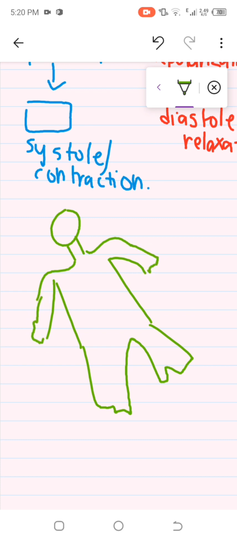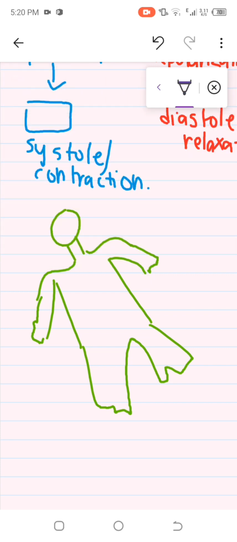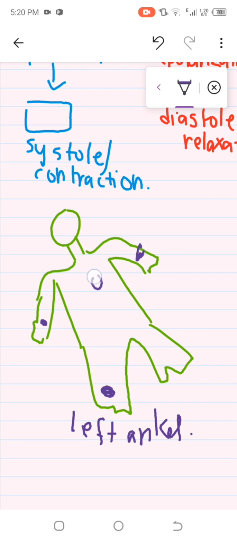Now, as you can see, in the ECG we place the electrocardiogram machine leads on the left foot, one on the right hand, one on the left hand, and here we have the heart and 6 around this heart. 1, 2, 3, 4, 5, 6.